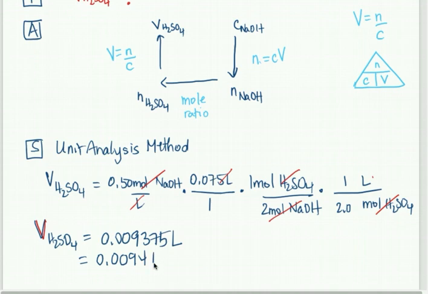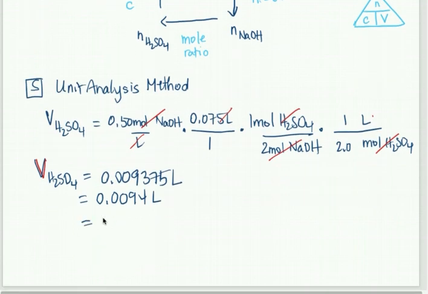So you can do that, or just change it to scientific notation. It's better this way, because if you're communicating this with another scientist, you don't want to lose zeros. All right, so 9.4 times 10 to the negative 3 liters. And write your therefore statement.